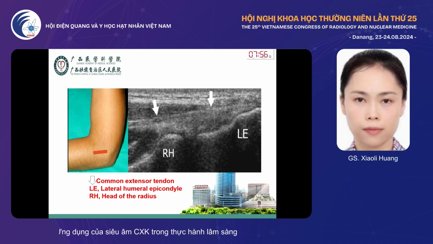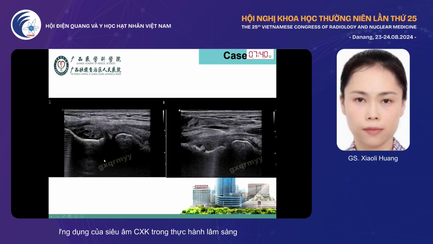The following images are the long axis images of the normal common extensor tendon, with the placement of the probe shown on the left side of the image. We perform an ultrasound-guided injection treatment for this patient.